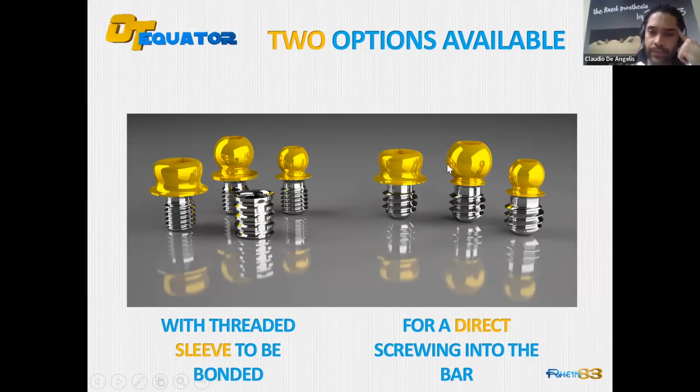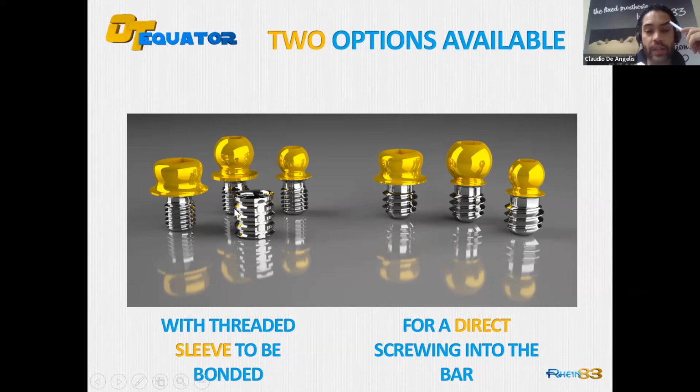So this family can be screwed directly into the bar when your CAM machine can produce a thread, or if not, if your CAM machine produces only a hole, you can just glue the threaded sleeve with the 1.6 family.